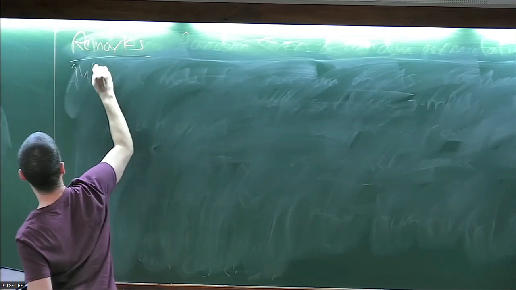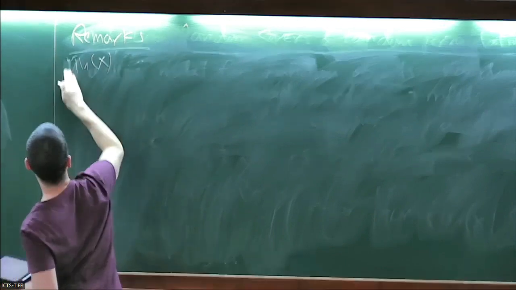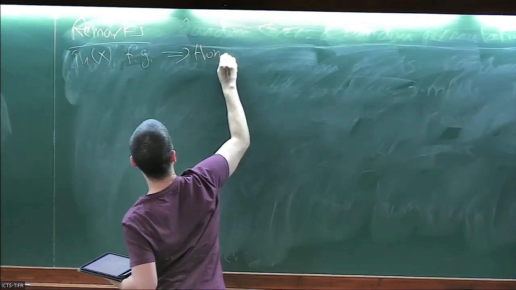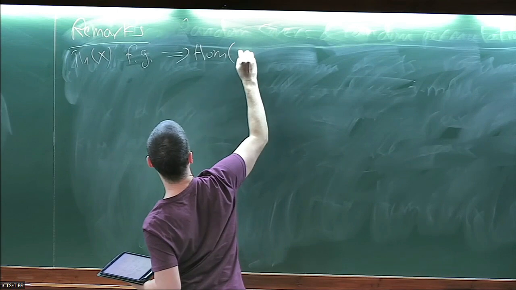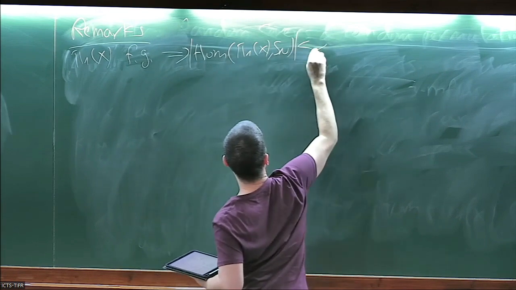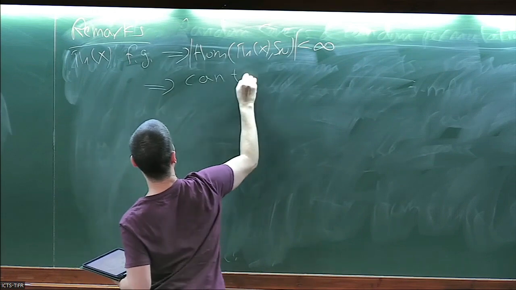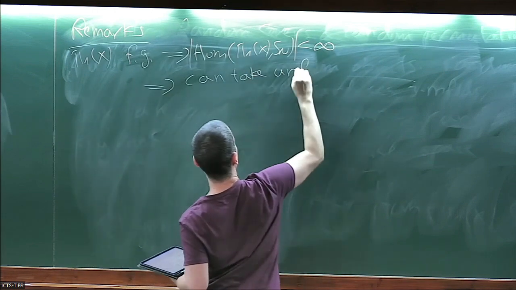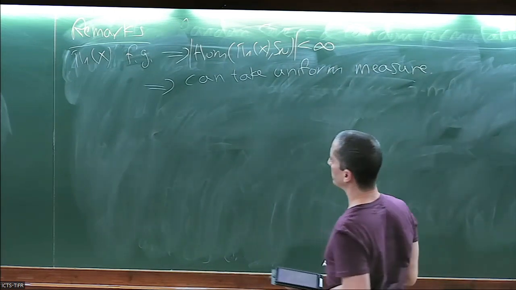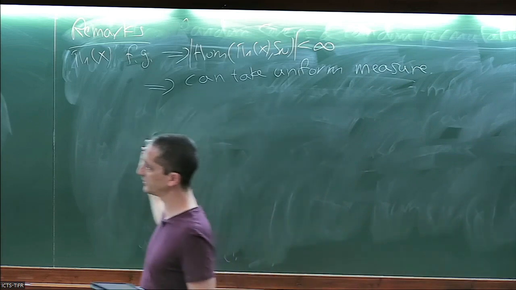If pi 1 of X is finitely generated, then there are finitely many homomorphisms from the fundamental group to Sn. And therefore, we can take the uniform measure. So we can pick a homomorphism, or equivalently an n-cover, uniformly at random. And this is what we are going to do. This is our model.